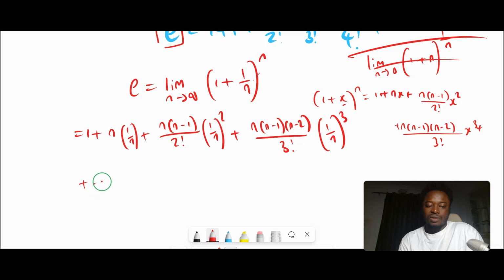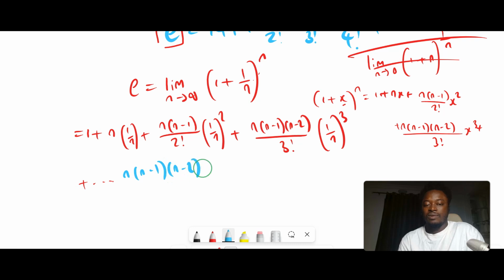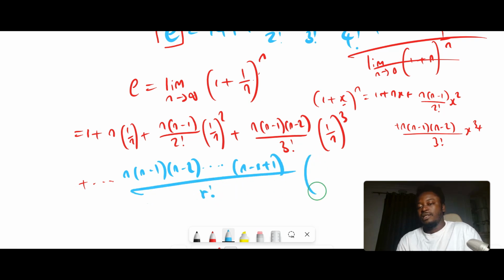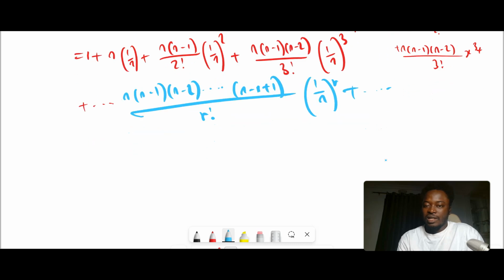And we can continue this way, and we'll end up with n(n minus 1)(n minus 2) up until (n minus r plus 1), all divided by r factorial, then 1 over n to the r power. Of course this goes to infinity, but we only need to get the pattern. We can't even write out all the terms because it goes to infinity, so we just have the pattern here.